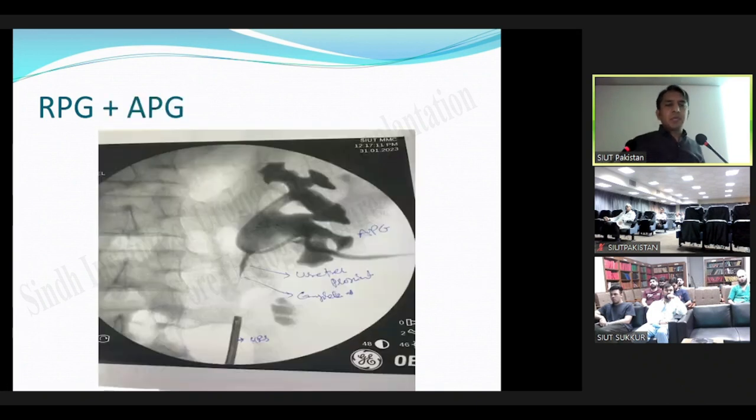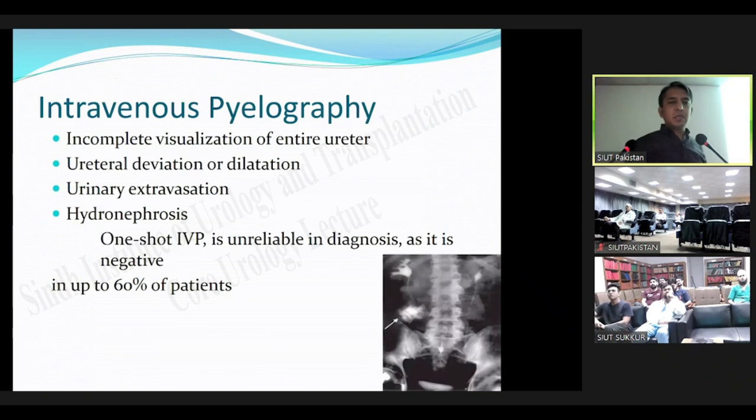And this is the retrograde and antegrade study of another patient, who had a repair pyeloplasty and presented with this loss of length of the ureter. We performed retrograde and antegrade studies. On intravenous pyelography, there is incomplete visualization of the entire ureter, ureteral deviation or dilatation, urinary extravasation, and hydronephrosis.